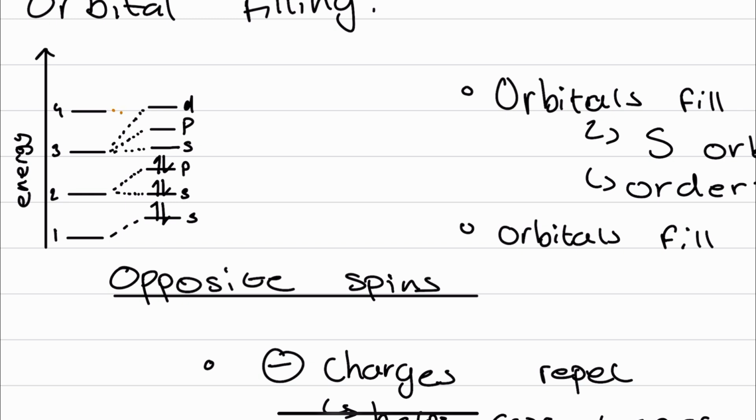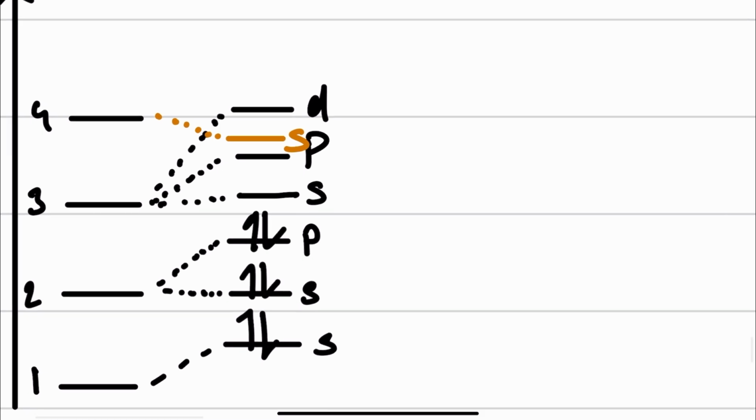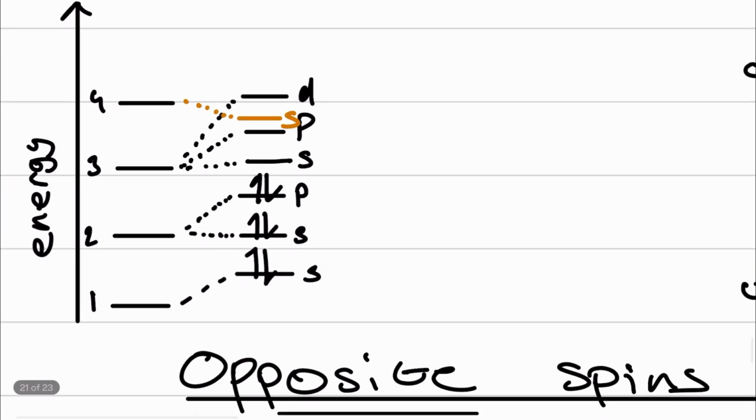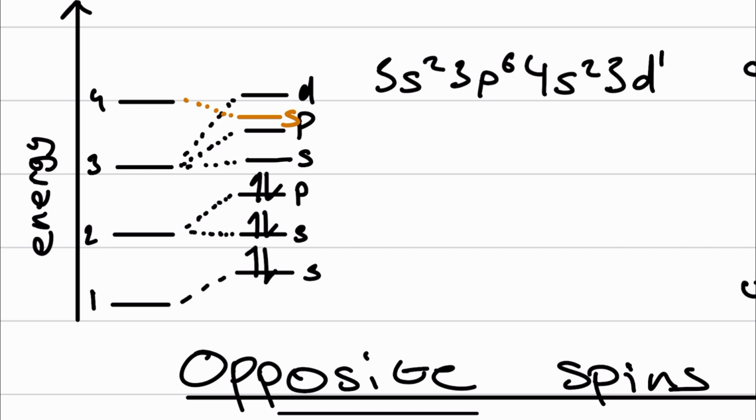The fourth shell s orbital lies below d. So you can see here that the s orbital of the fourth shell is actually at a lower energy state than the d orbital of the third shell, meaning that when you're filling these subshells with electrons, once you get to 3s2, 3p6, you actually fill in 4s2 before 3d10.